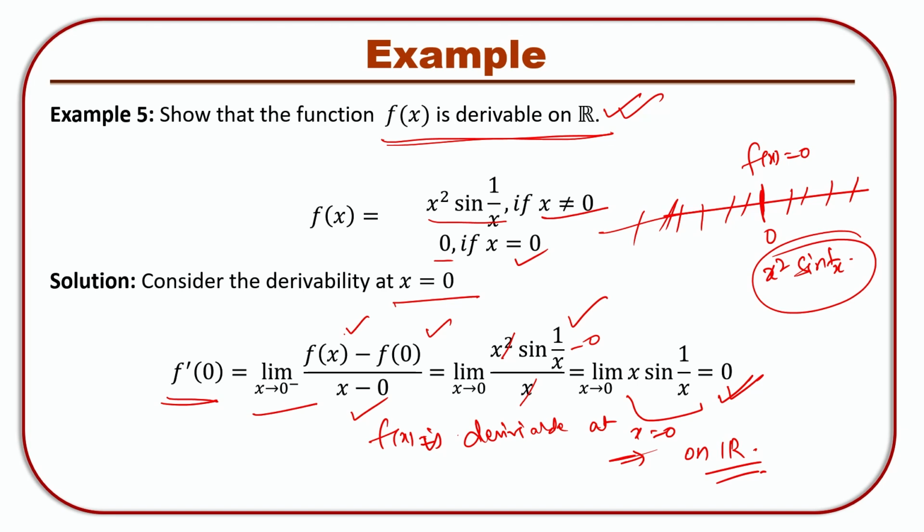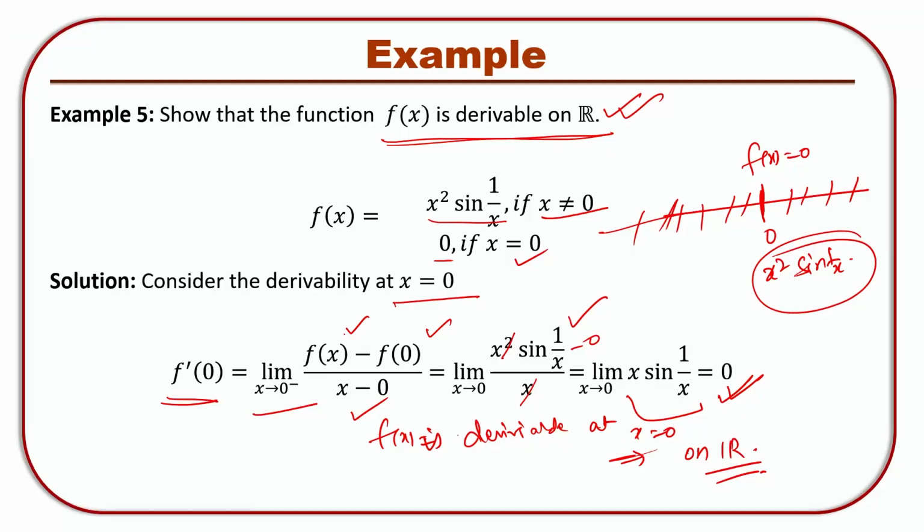Can we show that this function is continuous? Obviously, yes. Any function which is derivable at some point must be continuous at that point. That is the idea of continuity and differentiability. So you can remember this for your own concepts: continuity may or may not imply differentiability, but differentiability always implies continuity.